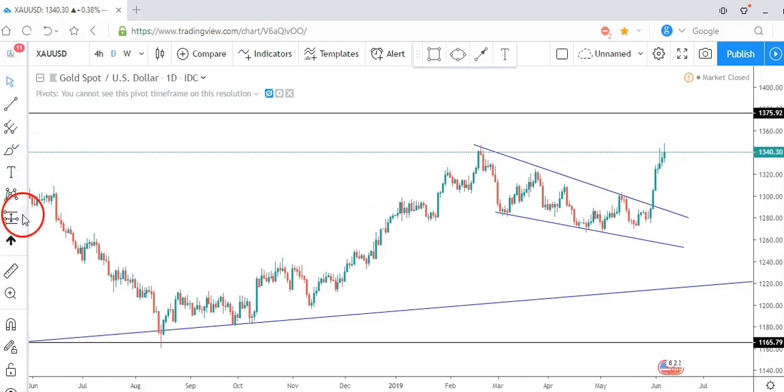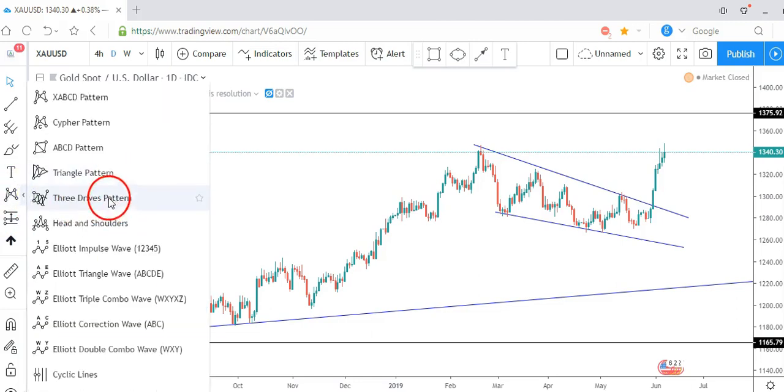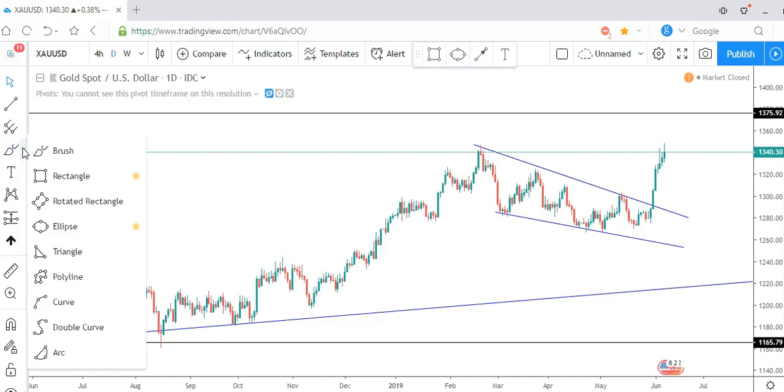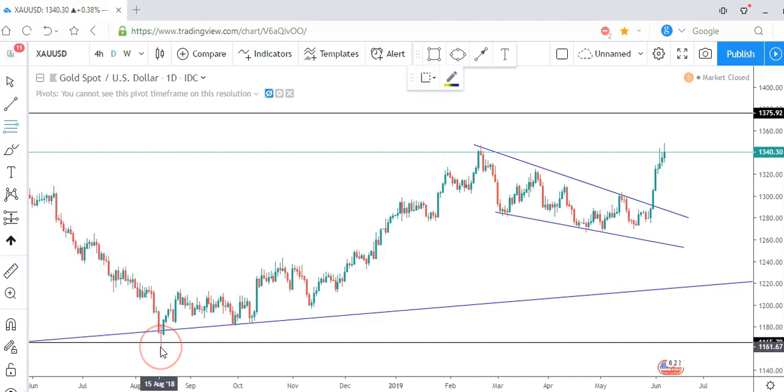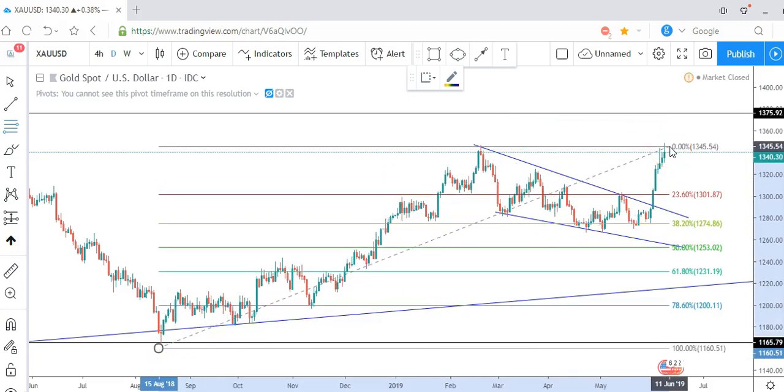And also, I should say, okay, fine, let me plot my Fib and see what price is doing. I pick it from this low down here to this high.